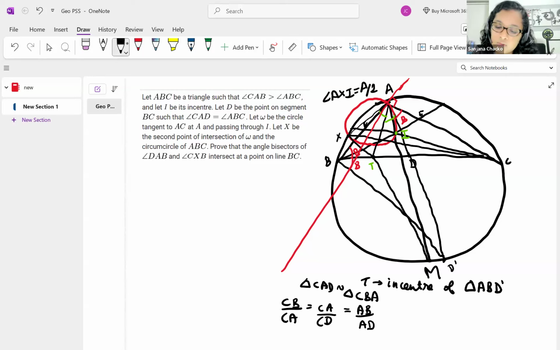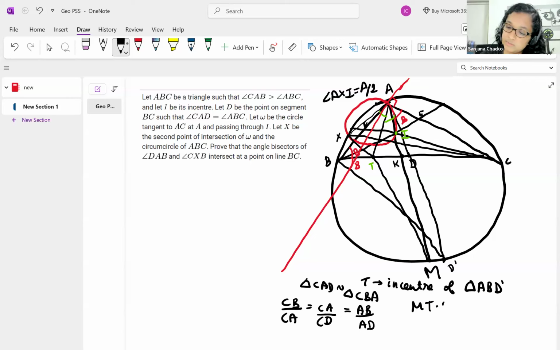Okay, let's see. Let's just call this point K. So you know that AXTK is cyclic, right? Because of the thing we did before. How do we know XDK is cyclic? Because of the MT times MX lemma.